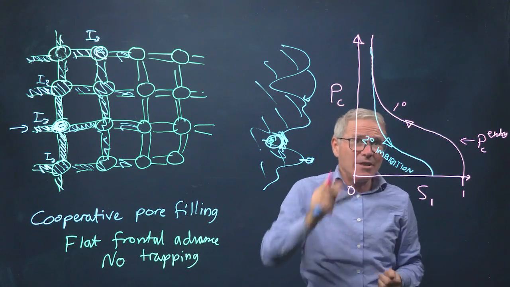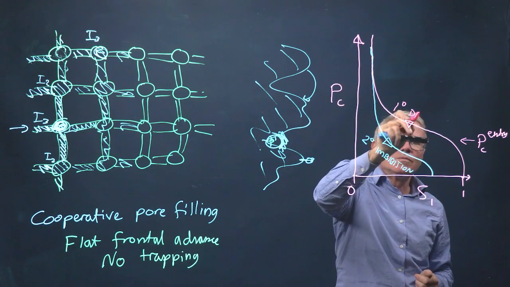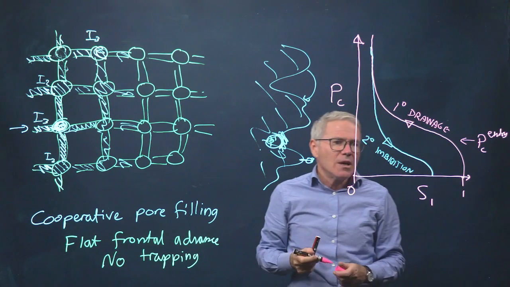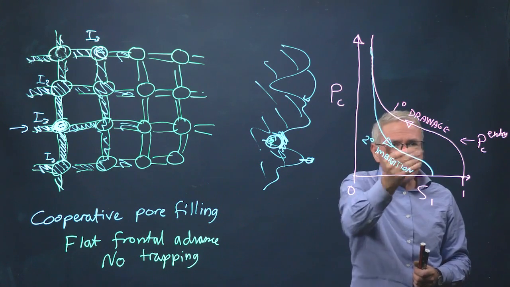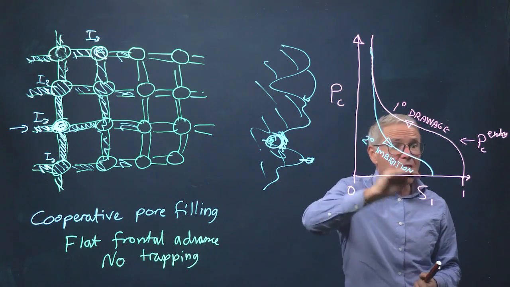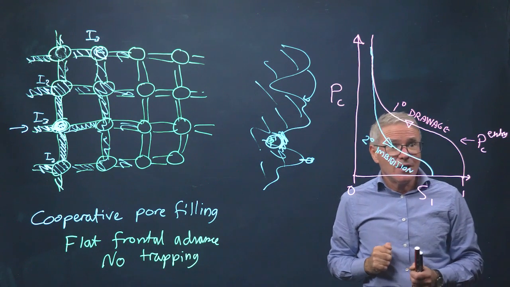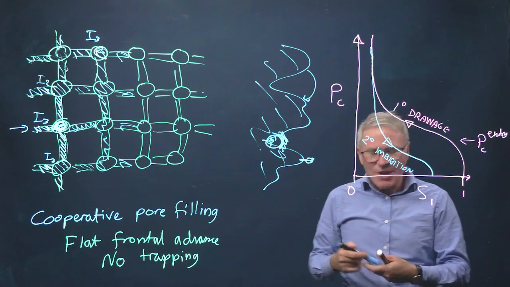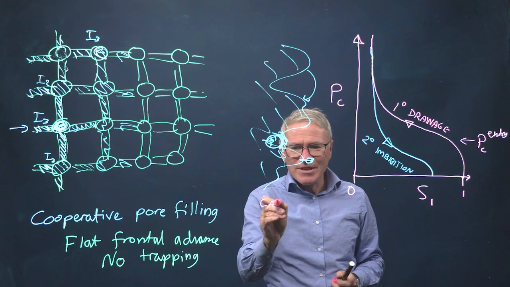In this case, it's a time sequence: primary and then secondary. So what we notice here is the secondary imbibition capillary pressure lies below the drainage capillary pressure. Why? Well, we know the reasons why. This is called capillary pressure hysteresis.